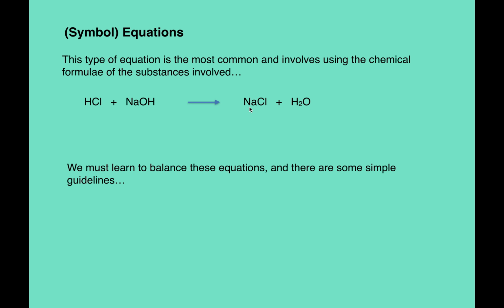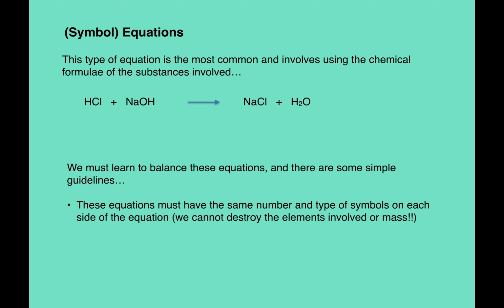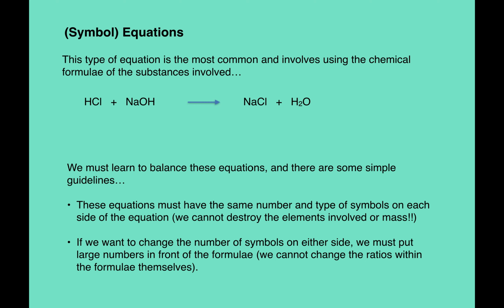So we have to follow some simple rules, simple guidelines to balance equations. The equations must have the same number and type of symbols on each side. You cannot destroy the elements involved or mass. So this is really the law of conservation of mass. And if you want to change the number of symbols on either side, you put large numbers in front of the formulae.